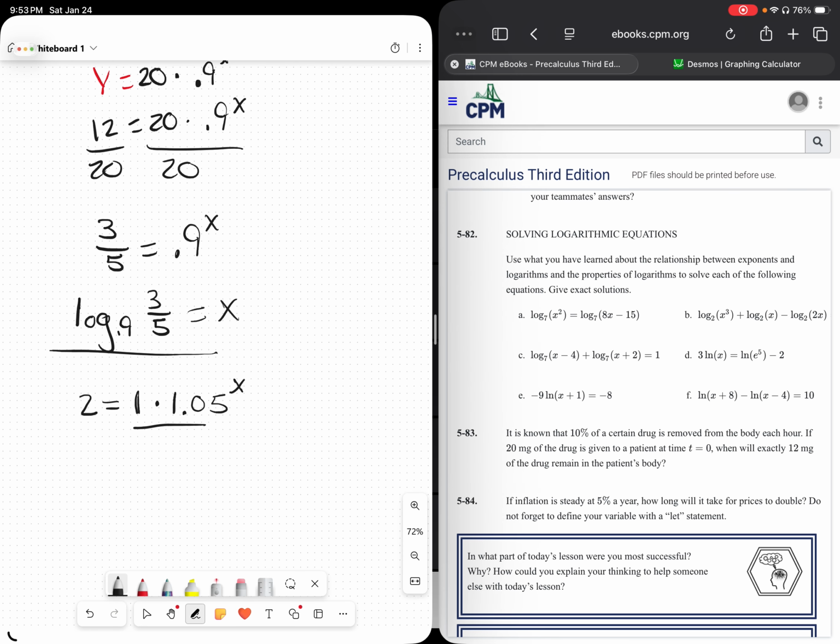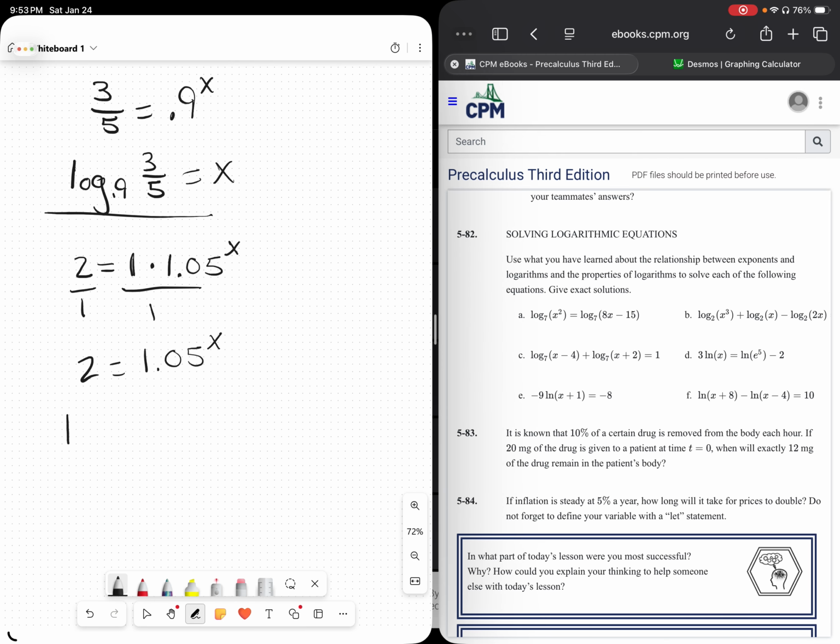So again, we would divide by 1. So this would be 2 equals 1.05 to the x. Change it to a log. Log base 1.05 of 2 equals x, right?